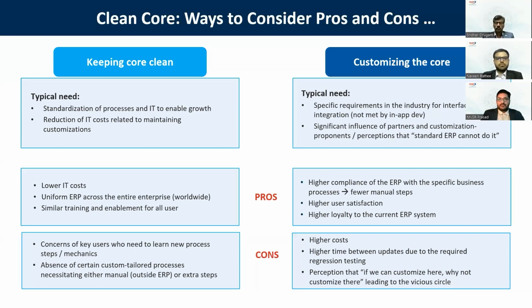But when it comes to customizing the core, there are specific requirements which are not even released with the SAP standard, or some interfaces where I need to integrate with solutions which are not met by SAP standard delivery or in-app development. Those are the typical customizations which we can't avoid, to be honest.